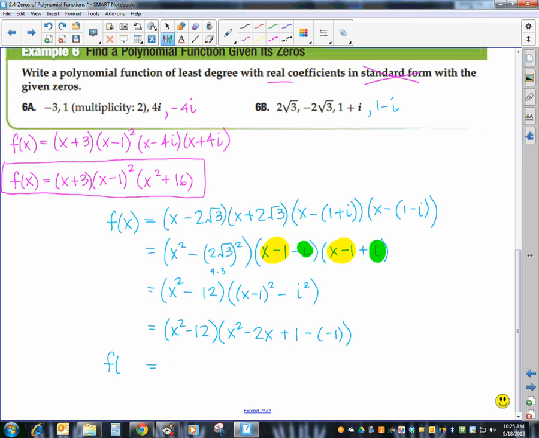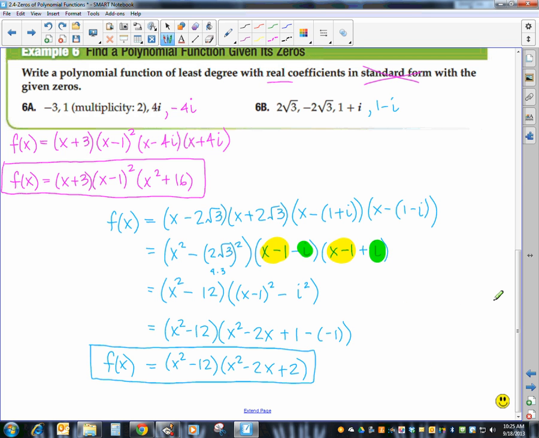And that allows us to have x squared minus 12 and x squared minus 2x plus 2. Now you have multiplied it as far as getting rid of any radicals, and making sure you didn't leave i in your answer. Okay, so that's not complete standard form. Standard form would be multiplying the whole thing out, and we're going to stop right here.